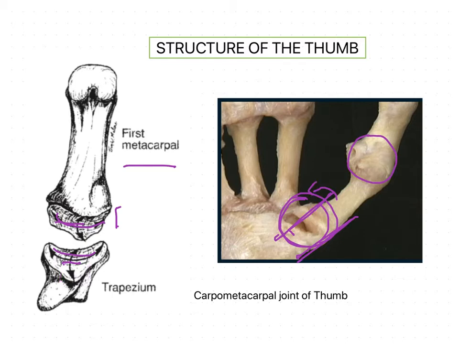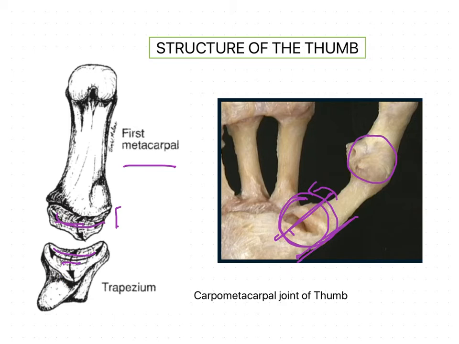If you see the ranges of these movements, this joint has an average of 53 degrees of flexion-extension, 42 degrees of abduction-adduction and 17 degrees of rotation. These are the ranges of motion at the carpometacarpal joint of the thumb.